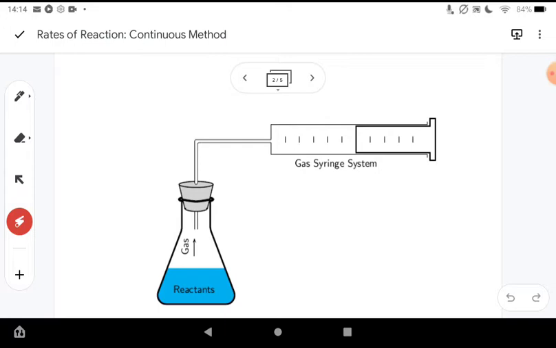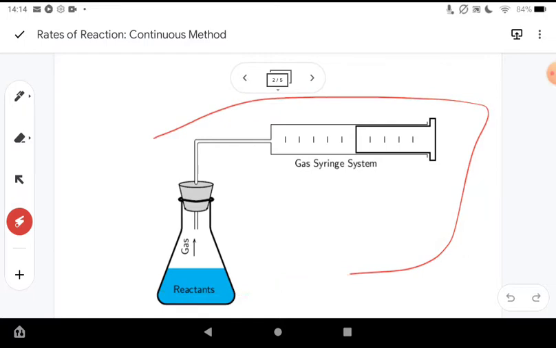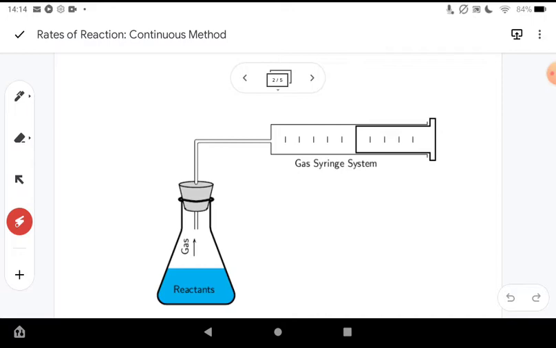That way you don't sit there for hours waiting for a volume of gas to be produced from a low concentration, or the whole syringe being filled up within 5 seconds of mixing them together. That's the way this generally works. So every 5-10 seconds, it might be 30 seconds, it might be a minute, depending on the pilot study, you take a reading for the volume of gas produced.